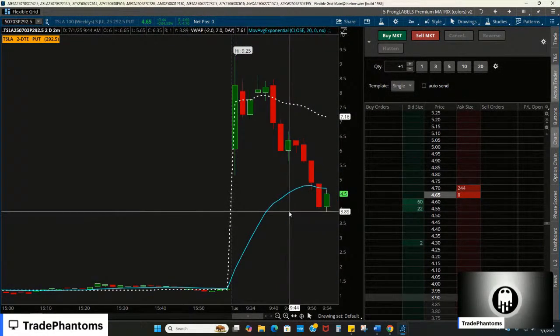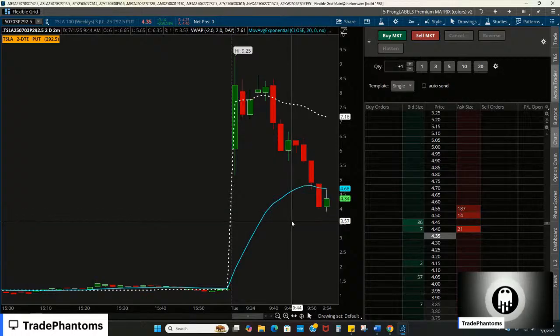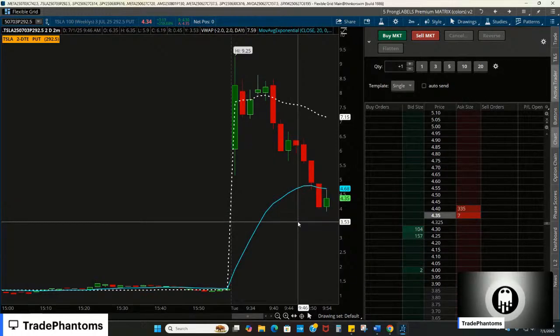It's already going for like $4. So if you pick up this 492.5 on Tesla, it could go a little higher. You might be able to get these for like 3.50 maybe.